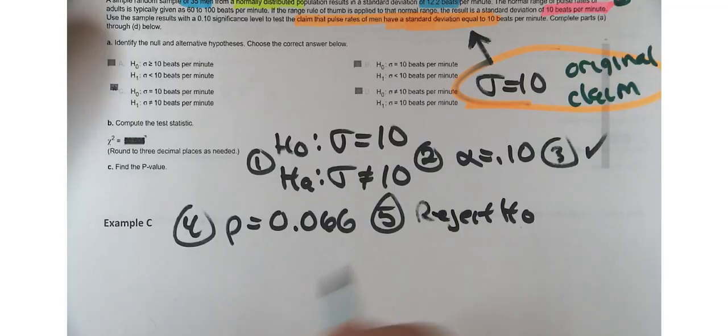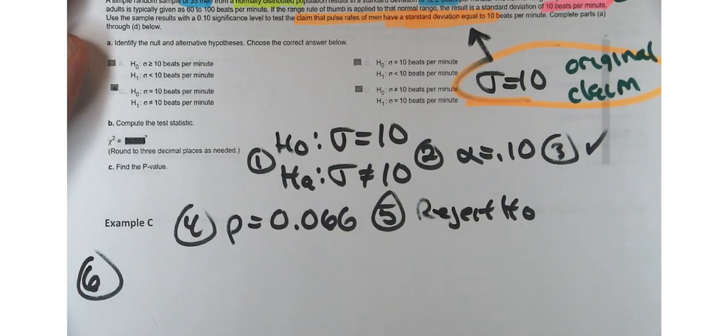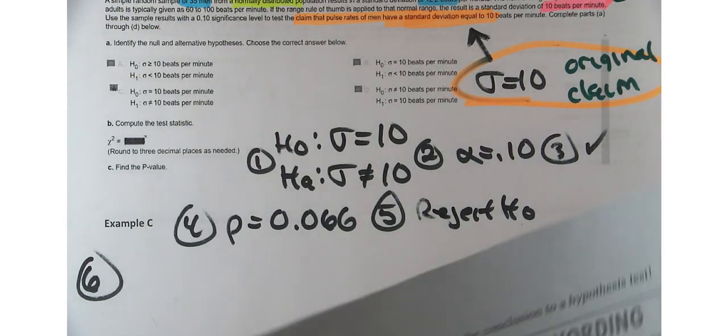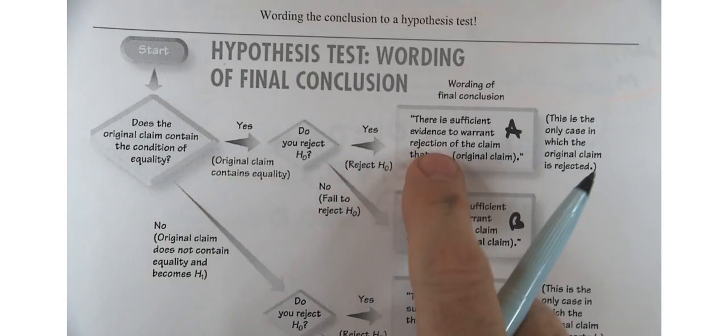All right, last but not least, number 6. Let's see about which claim we're going to use here, or which form of our hypothesis test. Here's your original claim. It contains a possibility of equality. Do you reject? Yes.